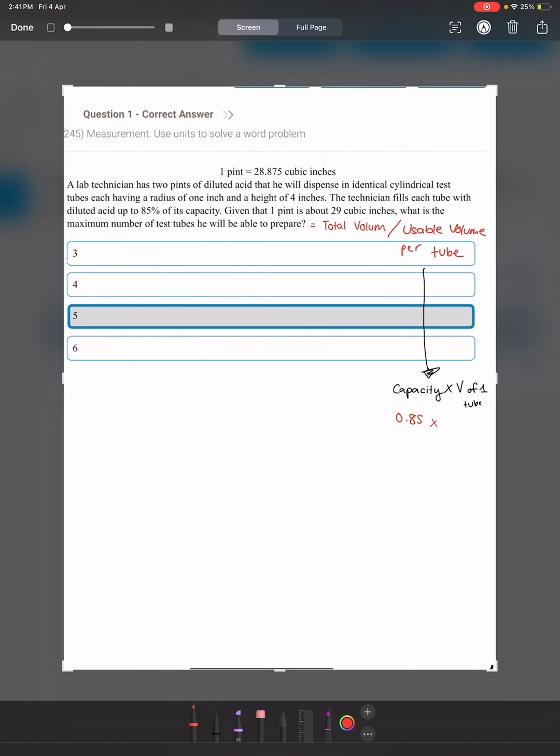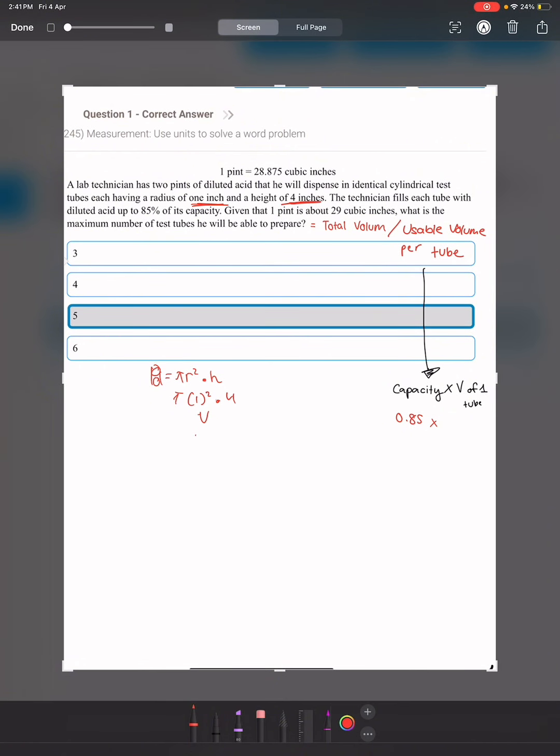The volume of a cylinder is pi r squared multiplied by the height. So it's going to be pi, radius they gave us is 1, squared, multiplied by the height, which is 4. They gave it to us here.